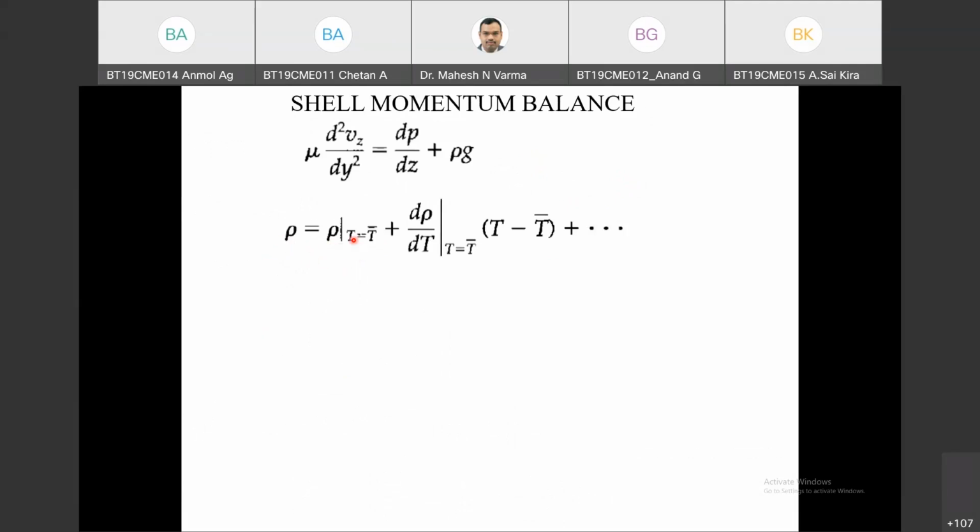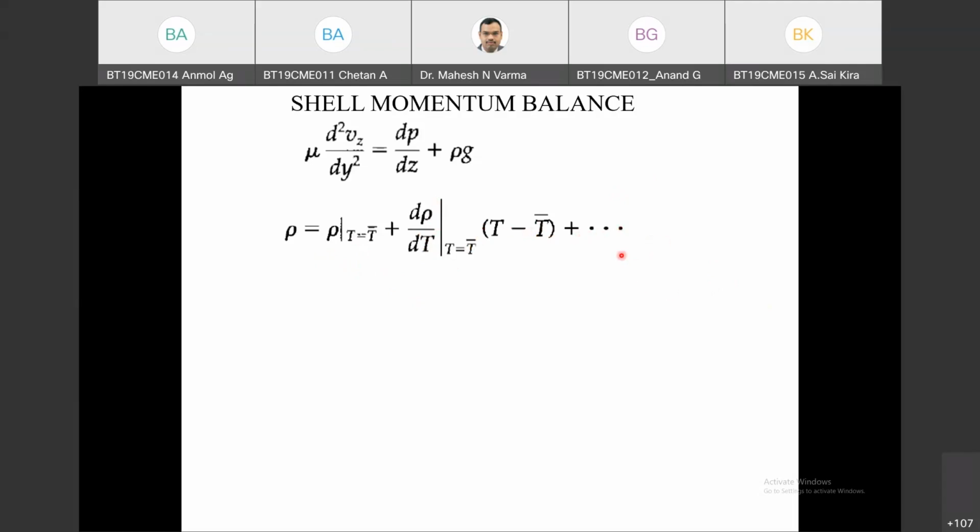You can think of this as some arithmetic equation when you want to estimate a property using the property of nearby points. So this is the density at average temperature plus the variation of density at average temperature, del rho by del T times (T minus T bar), plus del 2 rho by del T square times (T minus T bar) square, and so on.